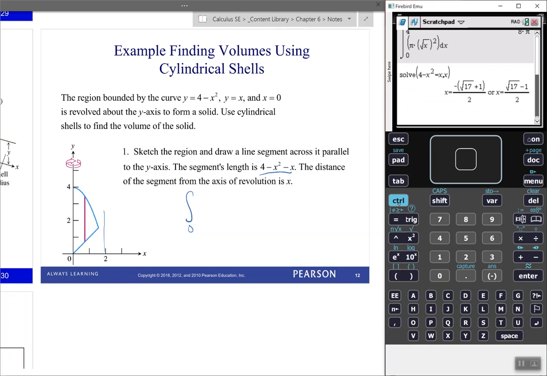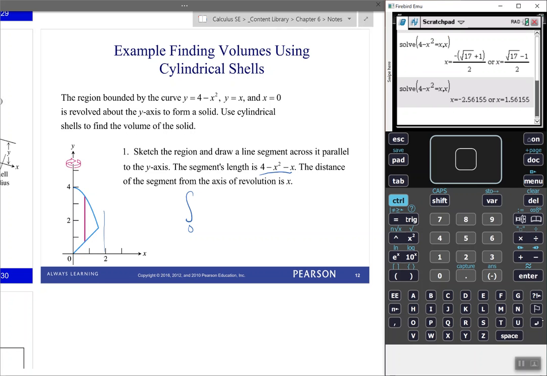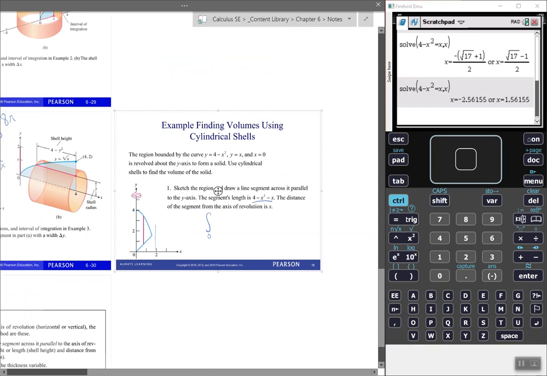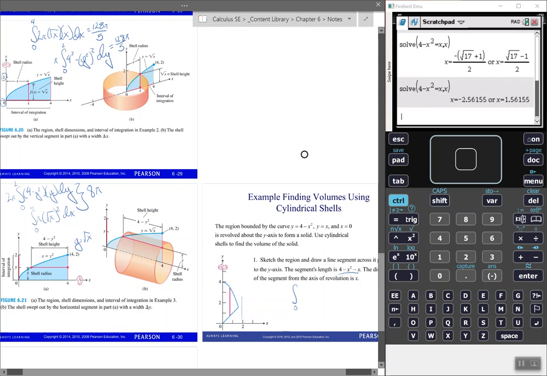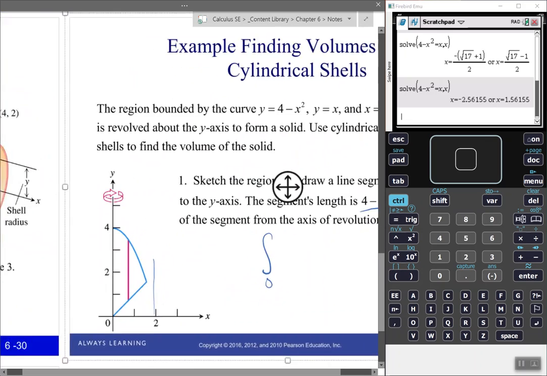Okay, so we get these fun answers. So we're just going to use the approximate decimal for it, which would be 1.56.